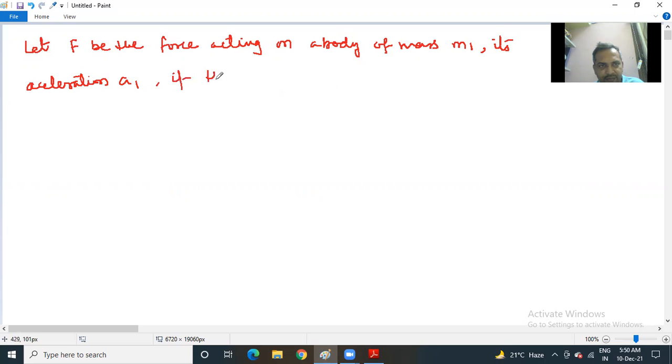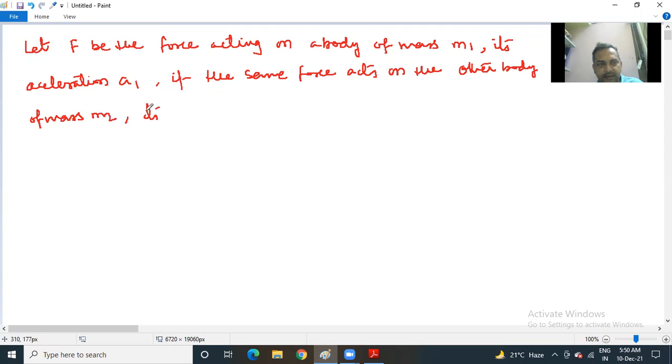If the same force acts on the other body of mass m2, its acceleration is a2.